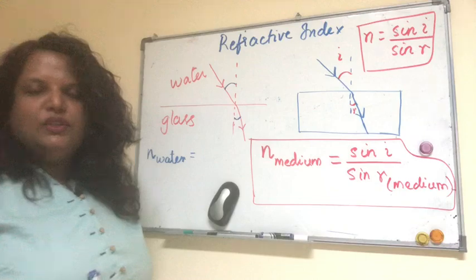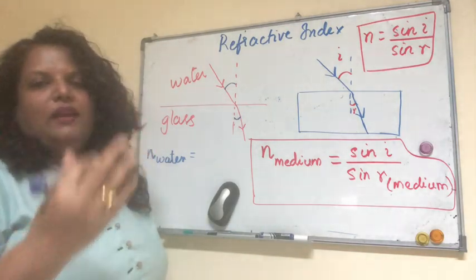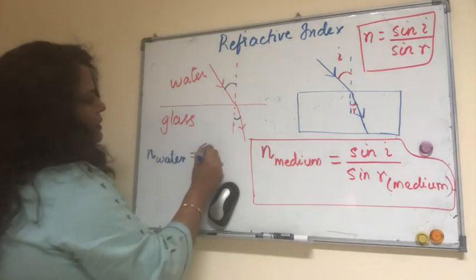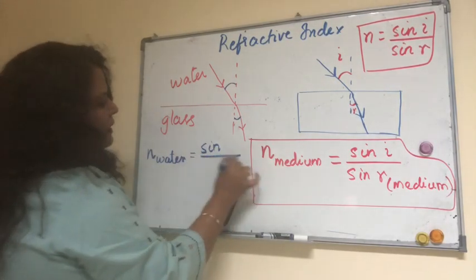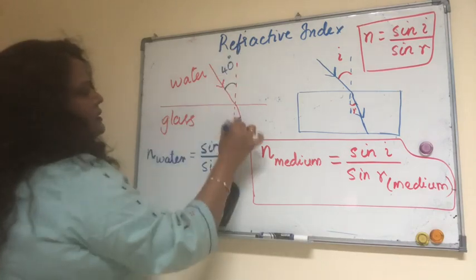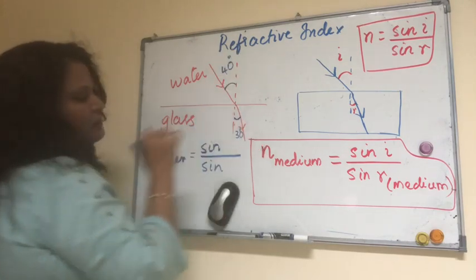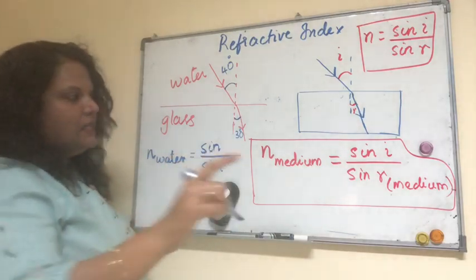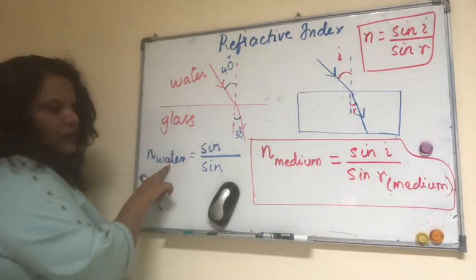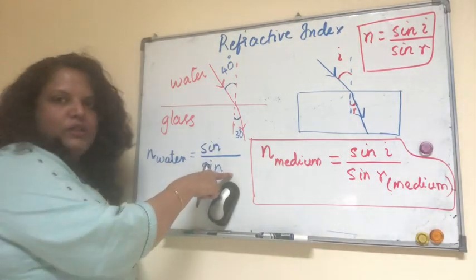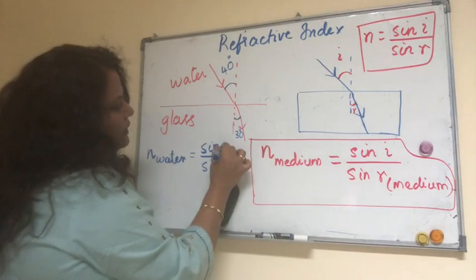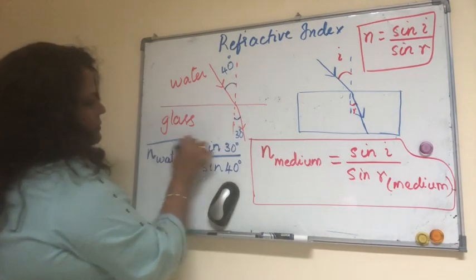Which one will be i and which one will be r? How will you substitute? This will be equal to sin over sin. Say this is 40 degrees and this is 30 degrees. Which should come in the numerator? As I told you, if you're using n of water, the angle inside water should be in the denominator. So 40 should come in the denominator and 30 should be in the numerator.